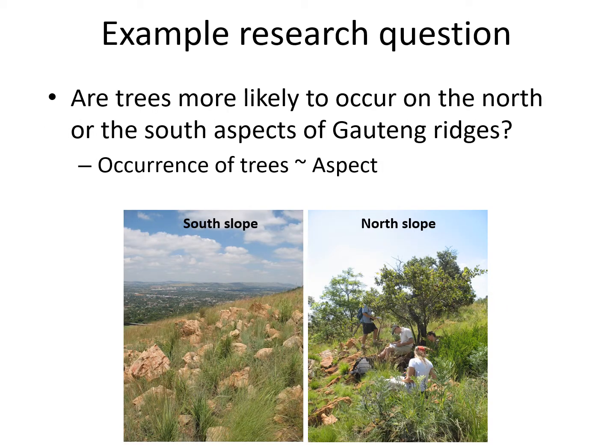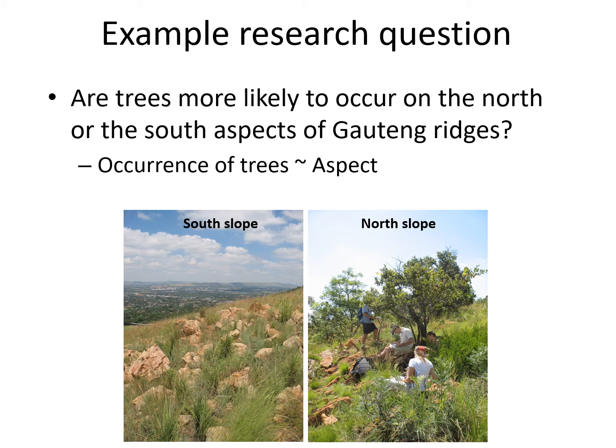Let's think of an example question that we can use as we move through thinking about chi-squared tests. And I'd like to suggest that we think about this question of whether trees are more common or more frequent or are more likely to occur on the northern or the southern aspects of the Rocky Ridges in Gauteng.